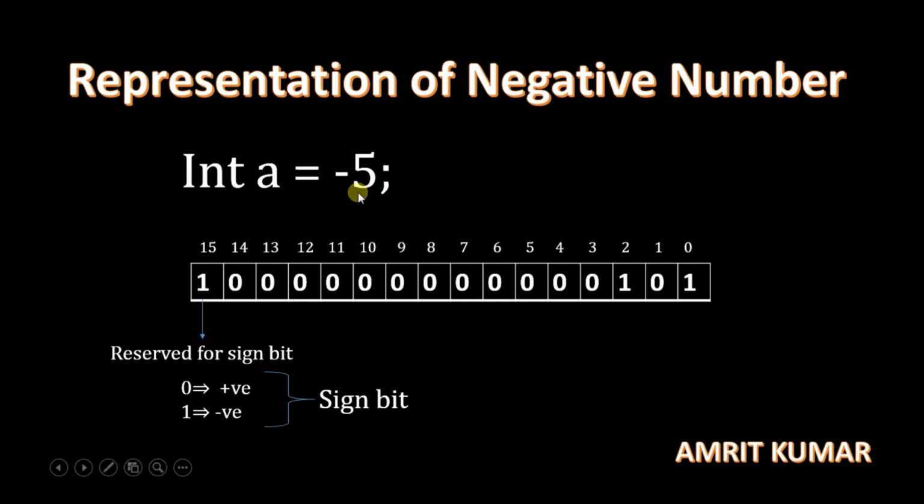Again, I have a variable a storing a negative value, and its data type is integer. Because it is an integer, a is going to store an integer value. So how can I represent a negative value? In sign magnitude you use the sign bit for representing a number as positive or negative.